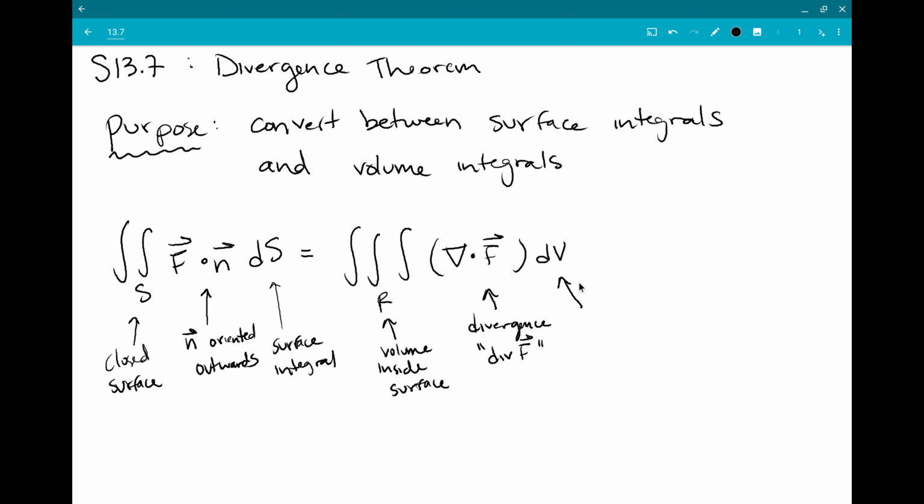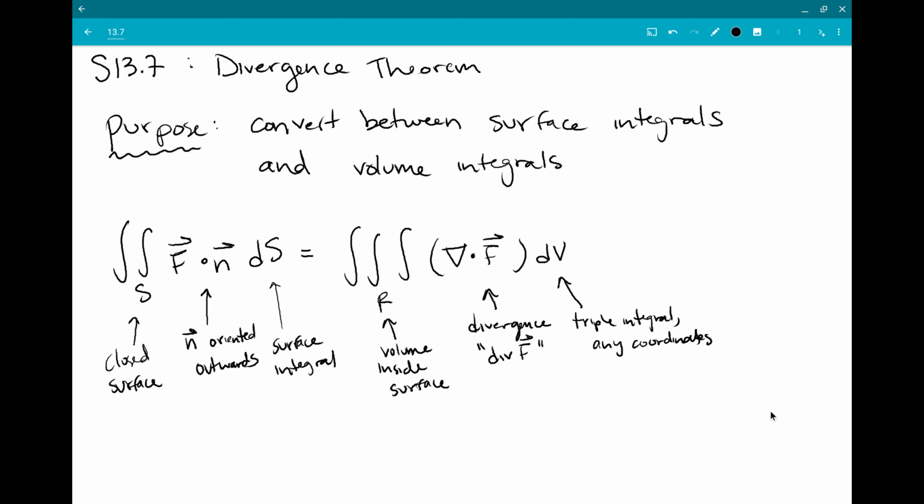And then you can set up your triple integral in any coordinate system you like. The only thing is if you use spherical or cylindrical, your divergence you know how to compute in Cartesian coordinates, so you'll just have to convert everything after you fill in this middle part. And we'll see some examples where we do that.